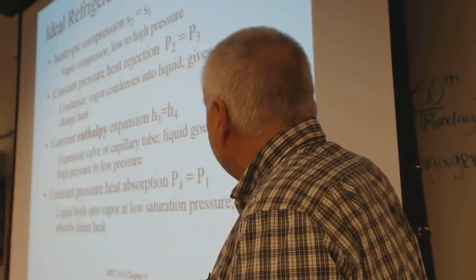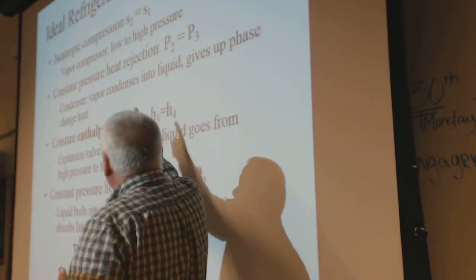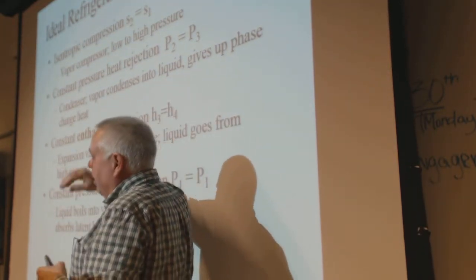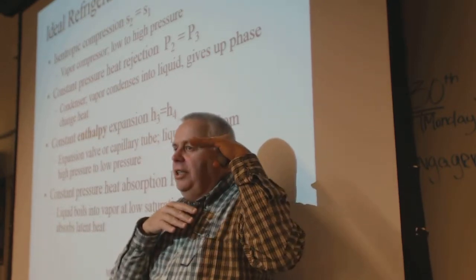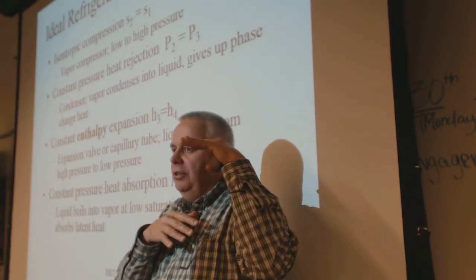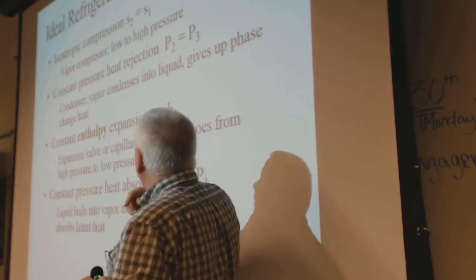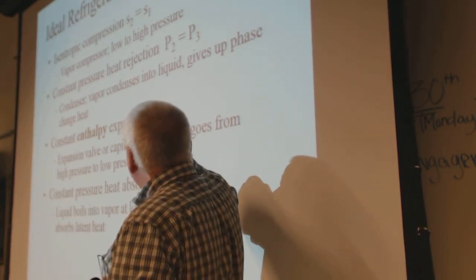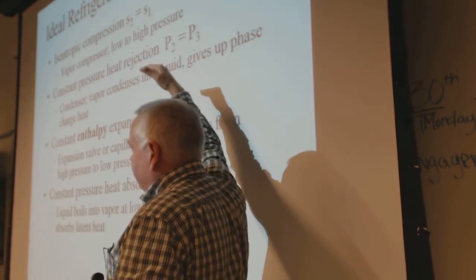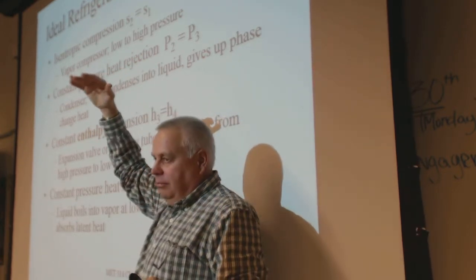So the isentropic part is in the compressor. The only way we know is the two pressures, and those two pressures are going to dictate saturation temperatures. There's a high pressure that it's condensing at, at high temperature.